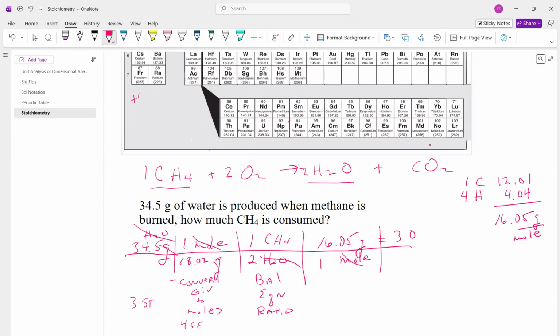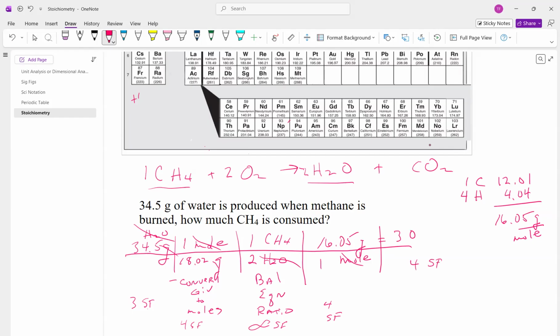What about the 1 and 2? How many sig figs is that? It's not 1, it's not 3. Infinite, because it's not measured. So that means these don't come into play regarding the sig figs. And there's 4 over here. So our answer is going to have 4 sig figs.